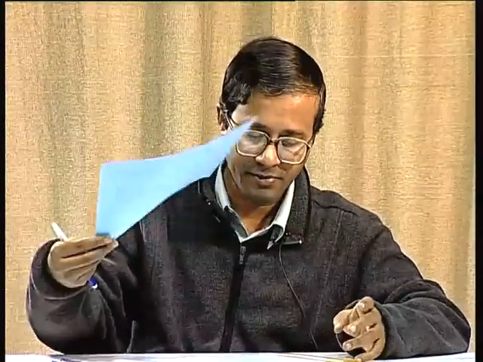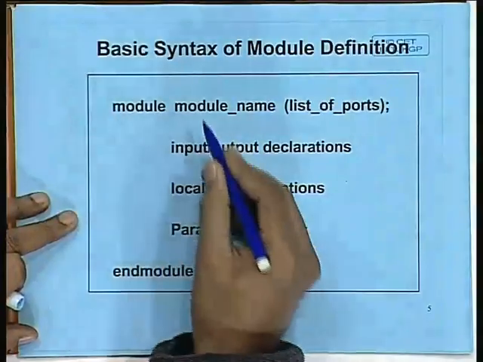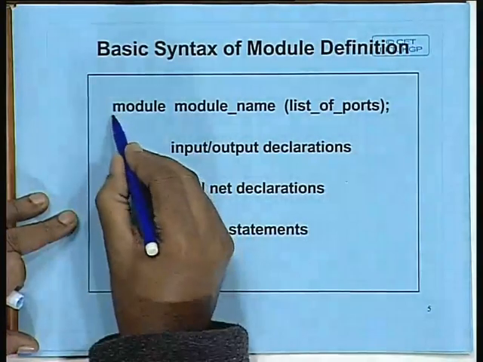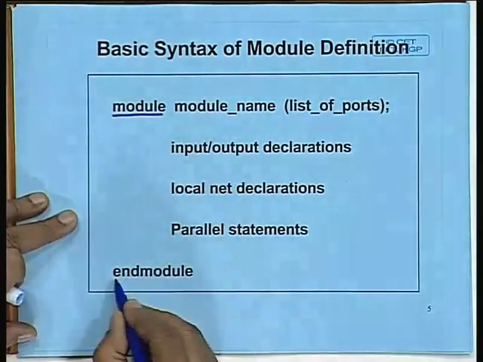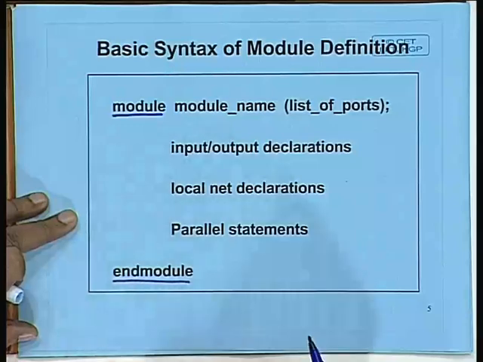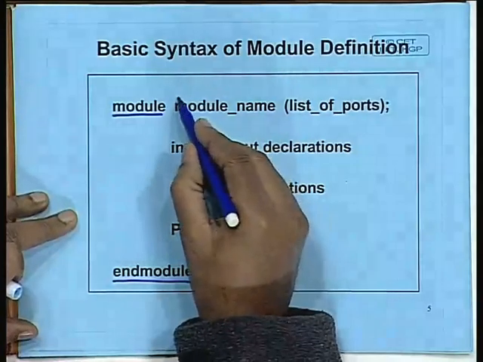Now, you have already seen how a typical module looks like, but in terms of the syntax, the basic constituents of a module are these. A module definition will start with the keyword module and end with the keyword endmodule. This is the module name.